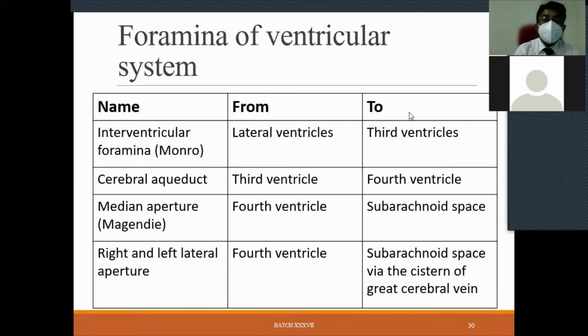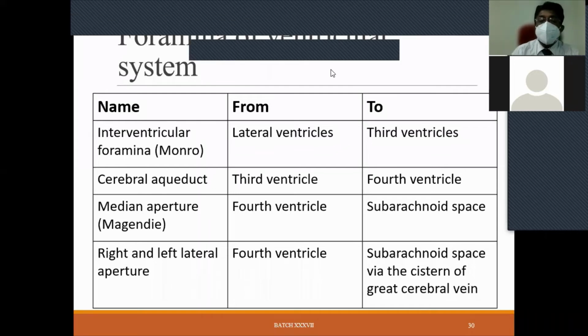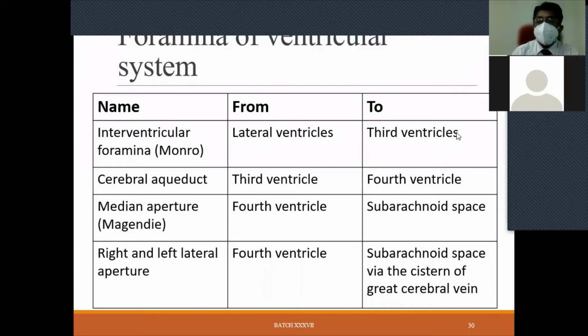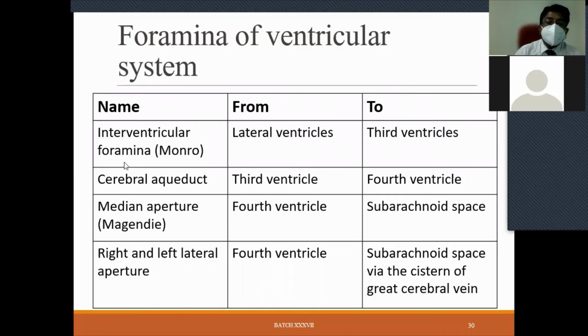So let's have a look at those foramina of the ventricular system. Those are the openings of the ventricles to other ventricles. The first one is the interventricular foramen, or foramen of Monro, and it connects the lateral ventricles to the third ventricle. The cerebral aqueduct connects the third ventricle to the fourth ventricle.